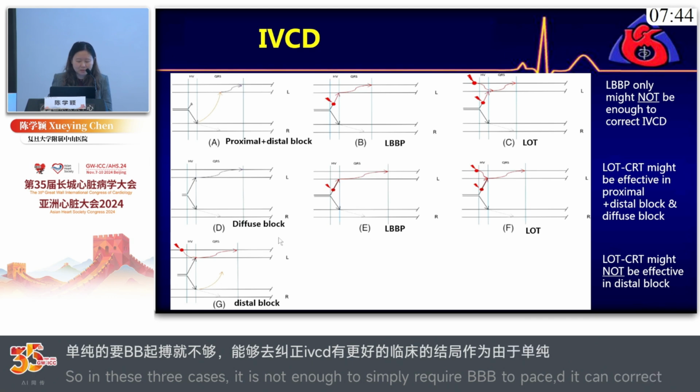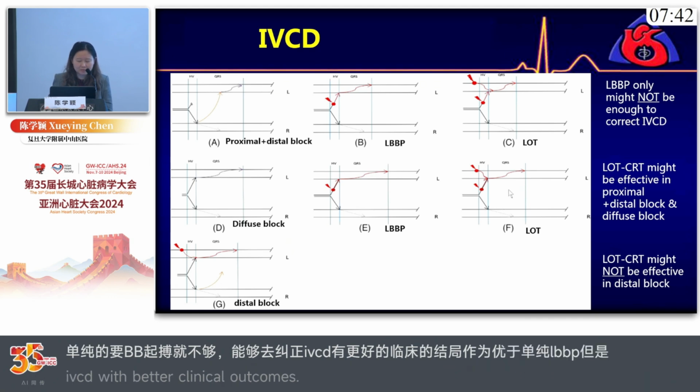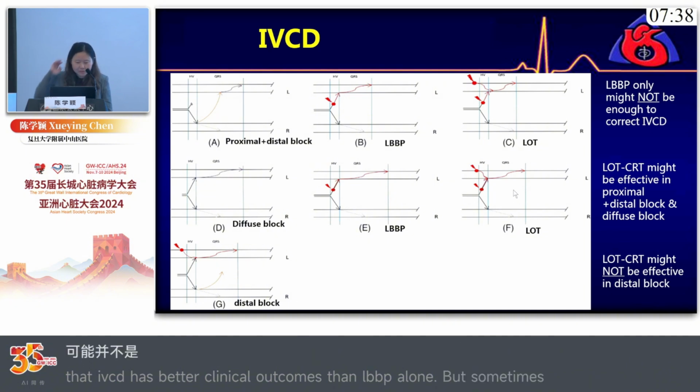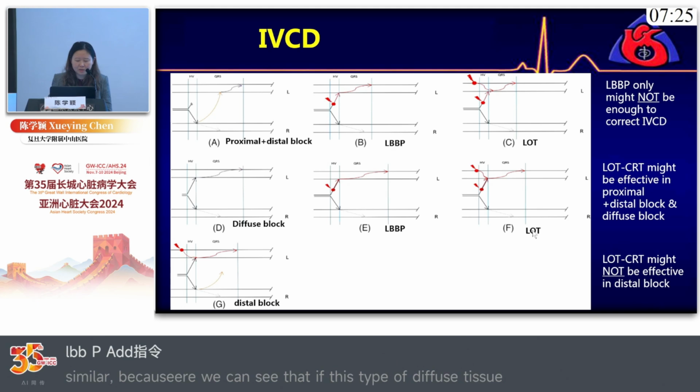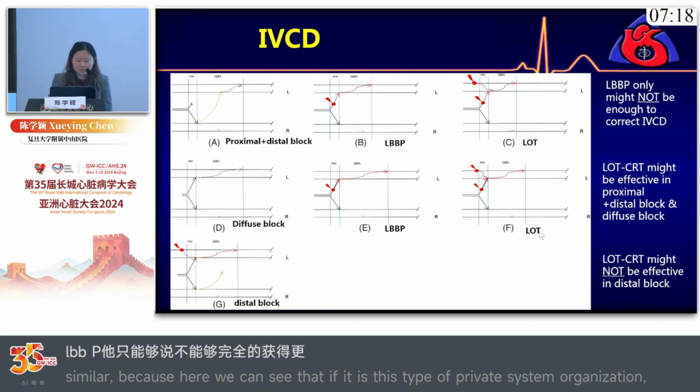But sometimes things seem not so simple, because if we have a very diffuse block, LBB pacing only cannot achieve complete synchrony, and LOT-CRT may also not achieve better synchrony.